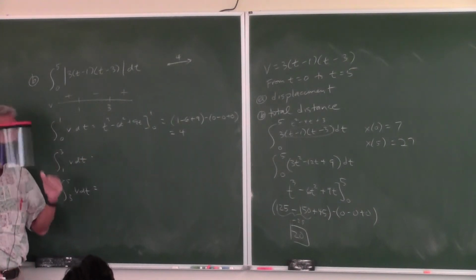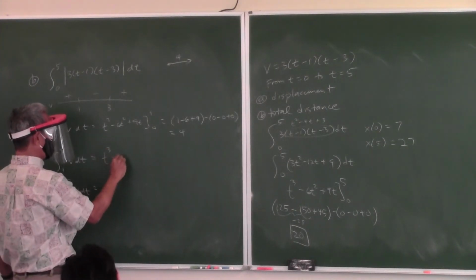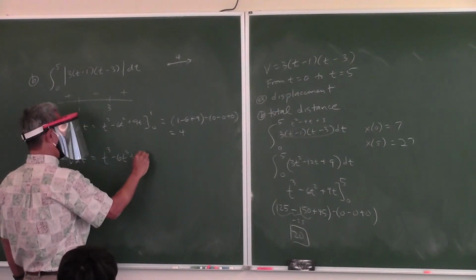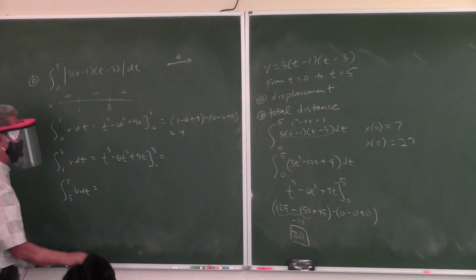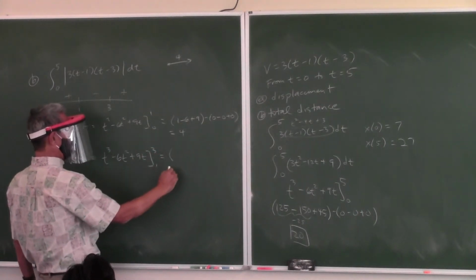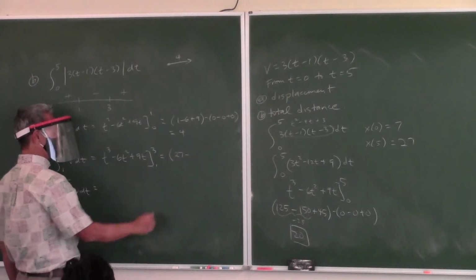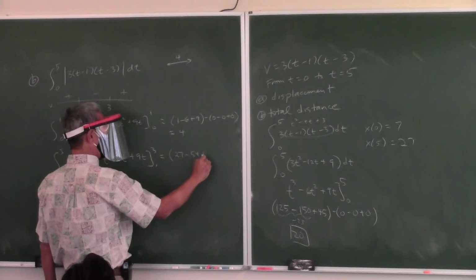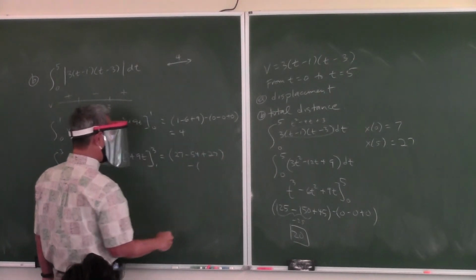to the left. Okay, so again, why reinvent the wheel? We already know the antiderivative. Now we just go from 1 to 3. Plug in the top number. 27 minus 54 plus 27 minus, plug in the bottom number.